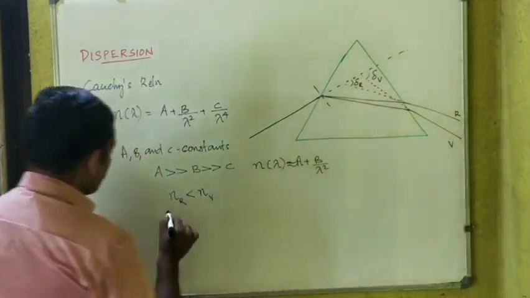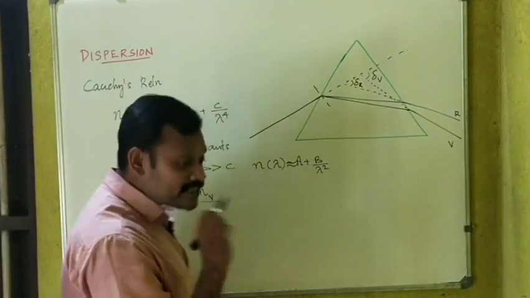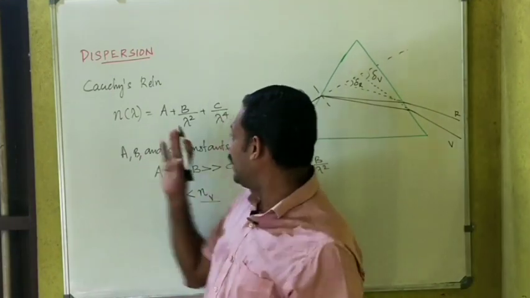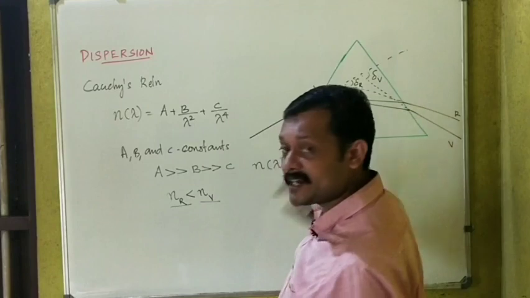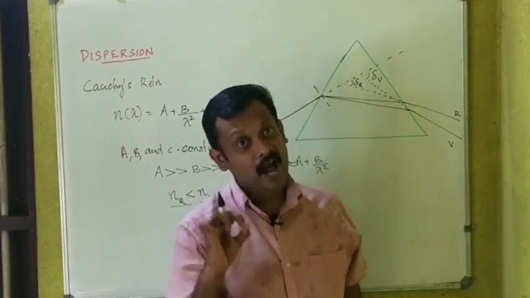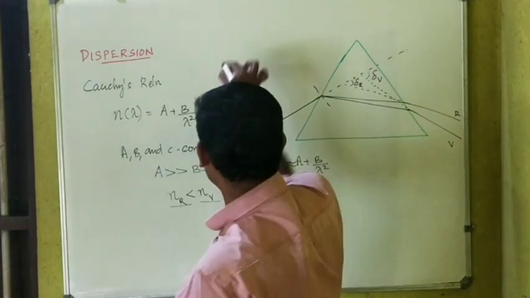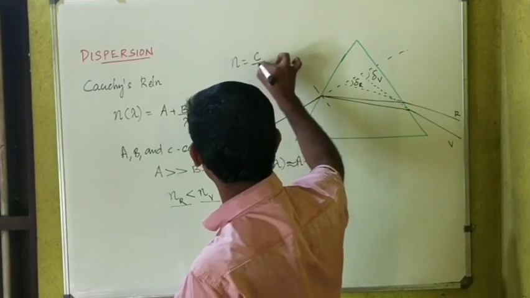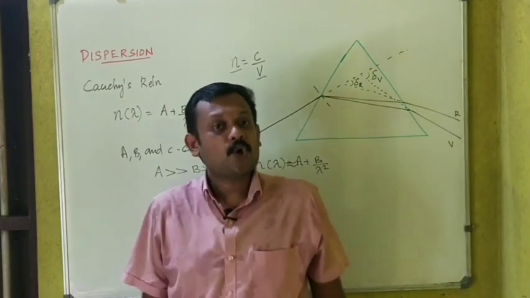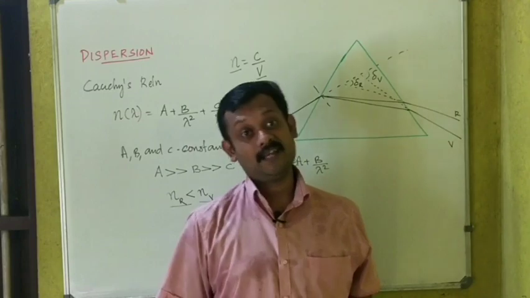So when white light enters a medium, red travels faster than violet, because refractive index n is equal to C divided by V in a medium. Lesser the refractive index means greater the speed. So in a medium, red travels faster than violet.